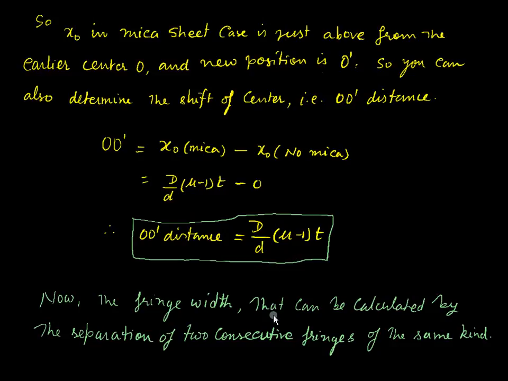So the next point, the fringe width, can be calculated by the separation of two consecutive fringes of the same kind, whether bright or dark. Here we are taking the bright fringes.